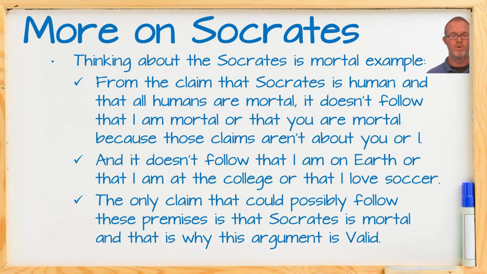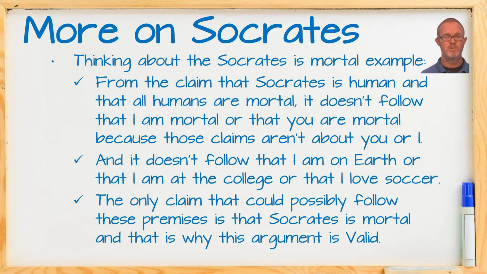Not only that, though, the conclusion that Socrates is mortal is the only possible conclusion that could follow from those two premises. It's not that I can conclude from the premises that, for example, I'm mortal or you are. It's not that I can conclude Barack Obama is mortal, or that I like soccer, something completely irrelevant to those premises, or that I'm a college professor, or anything else for that matter, right?